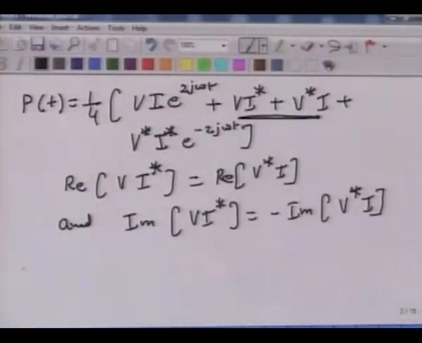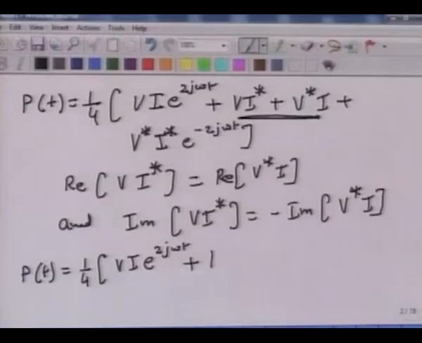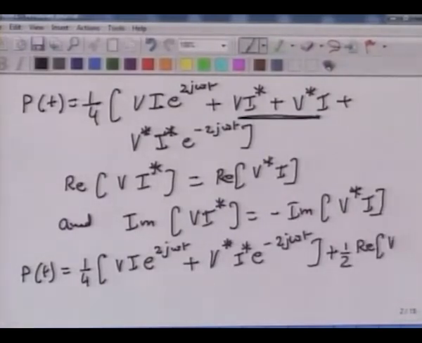So I get power as a function of time: 1/4 V I e^(2j omega t) plus V star I star e^(minus 2j omega t) plus 1/2 real of V I star.